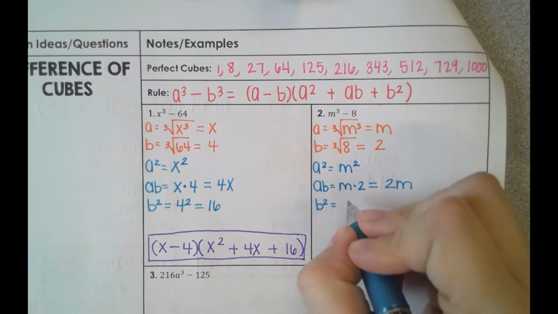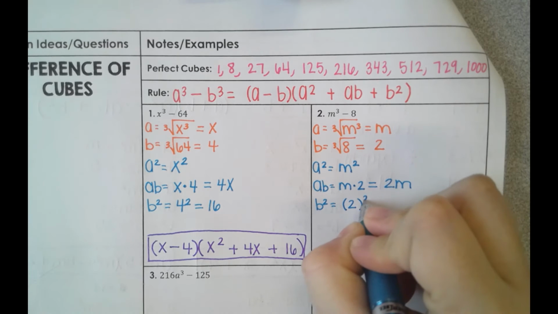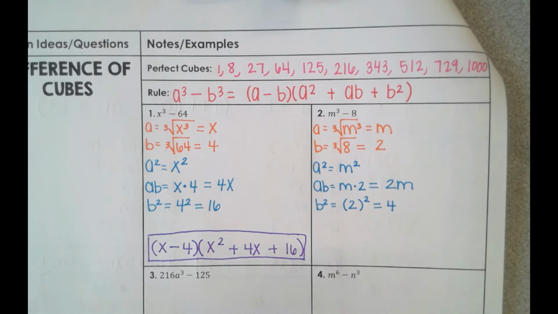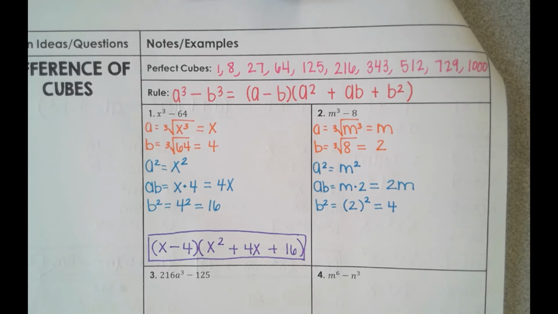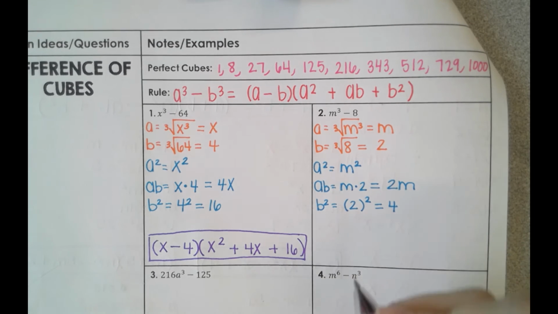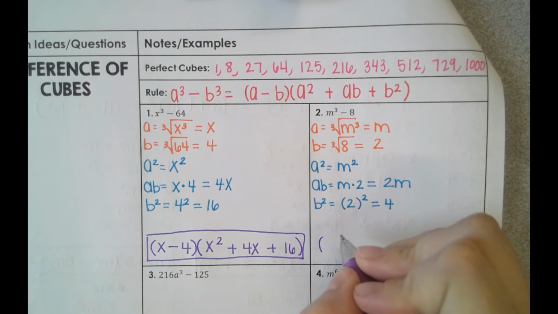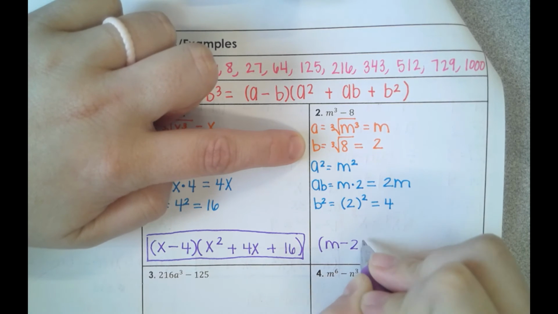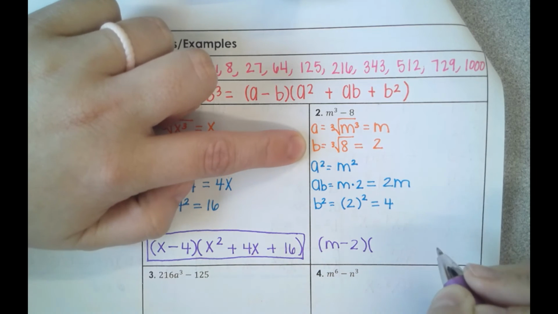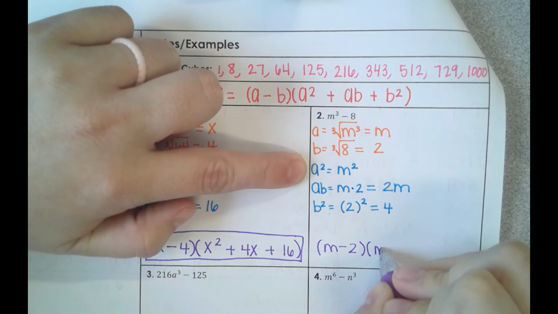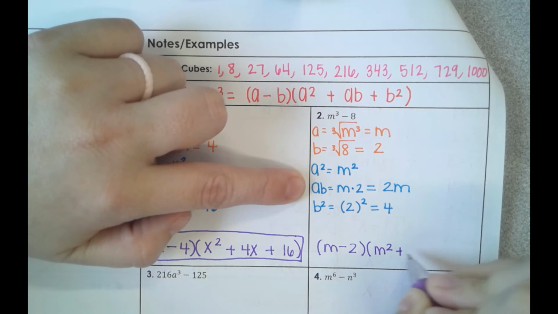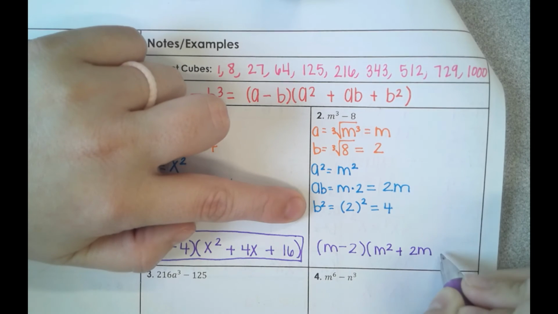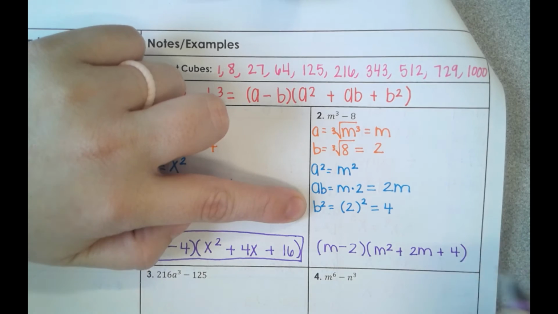And b squared, that's 2 squared, which is 4. And then put it all together. A minus b, and then a squared plus ab plus b squared.